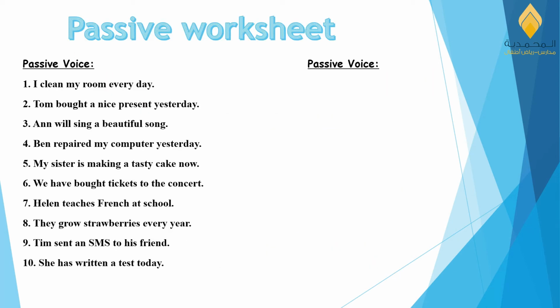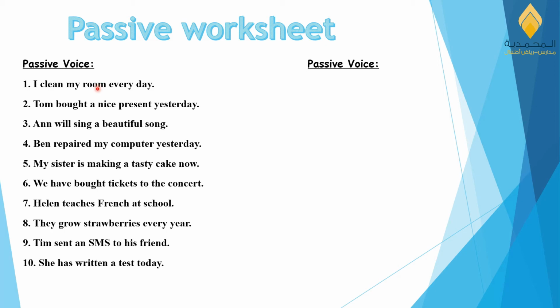Now let's do this exercise. It is found in your passive worksheet in your booklet. Number one. I clean my room every day. Where is the object that we need to start our passive sentence? Yes, my room.